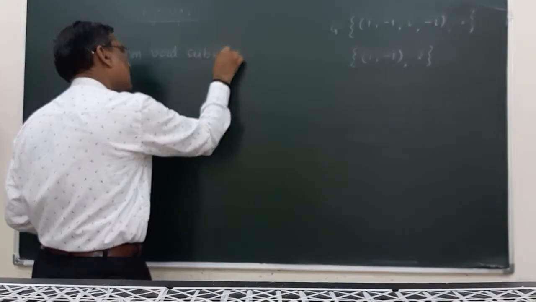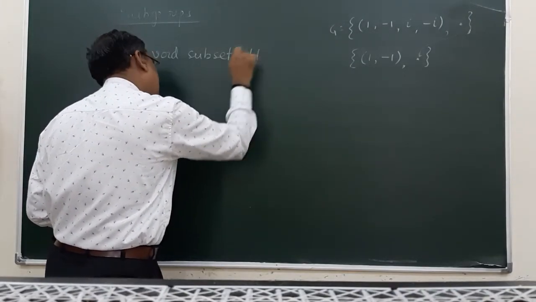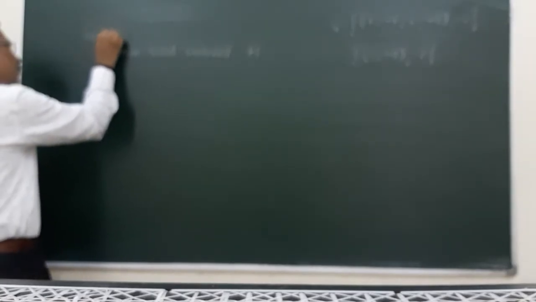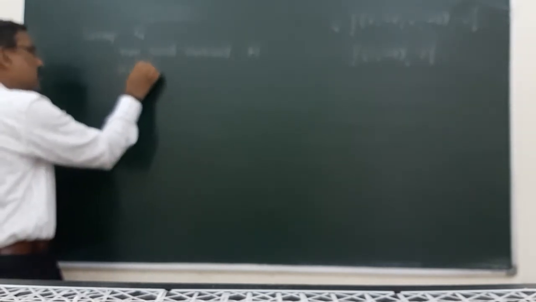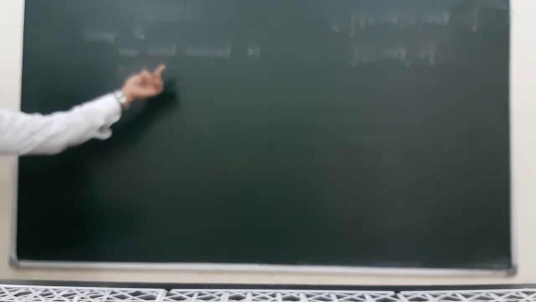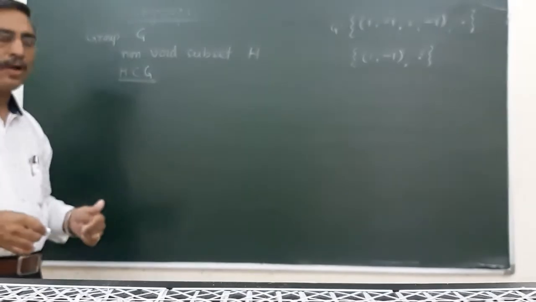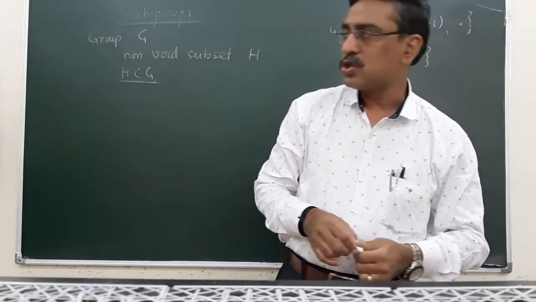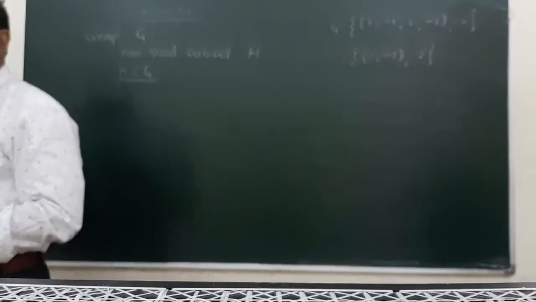Generally we denote the subset by H and the group by G. So H is a non-void subset of G, G is a group, and H is also a group along with the induced binary operation. Then this H will be a subgroup.